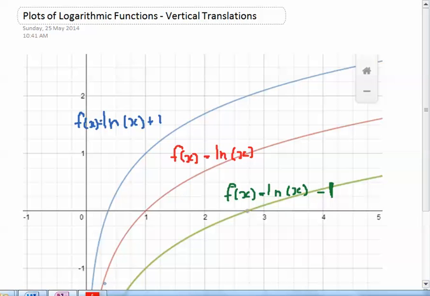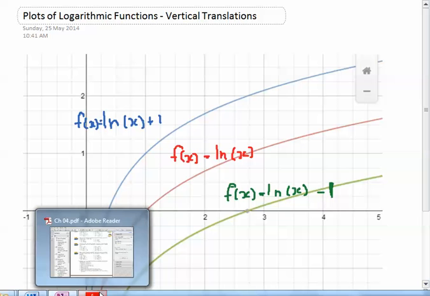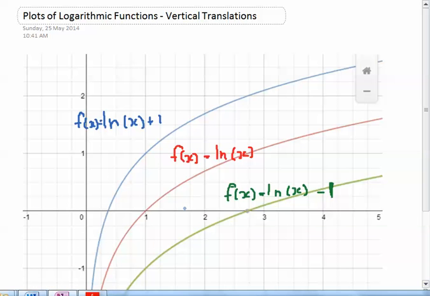And once again we're going to start with the basic f of x equals ln x sketch here, noting the x-intercept again and the fact that the asymptote is at x equals 0, and you can compare a couple of things against that basic ln x sketch.